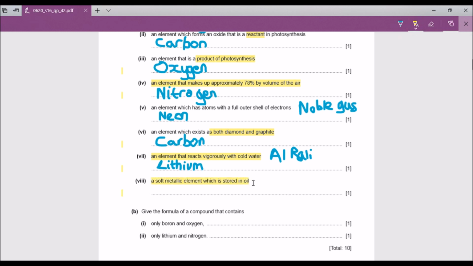And similarly, the last part of this question is a soft metallic element which is stored in oil. Alkali metals are stored under oil, so you're looking at lithium again being the answer.